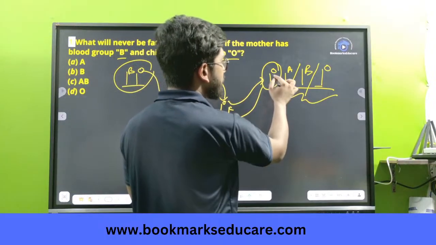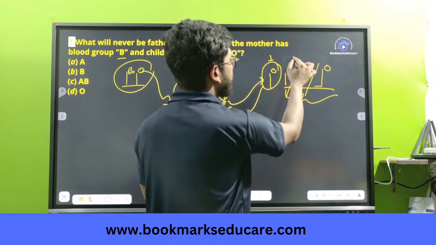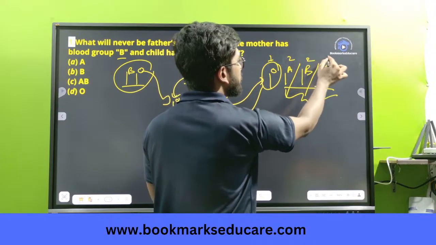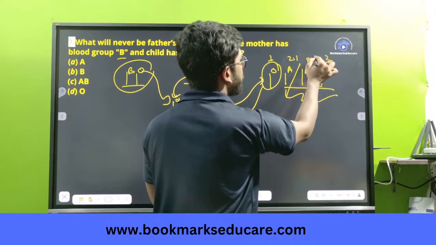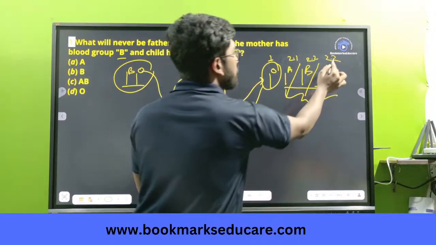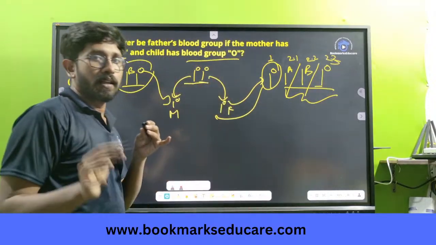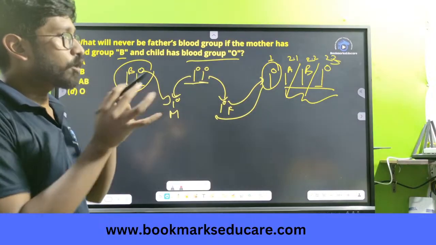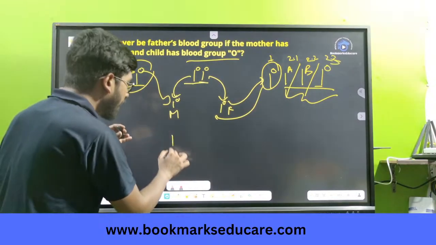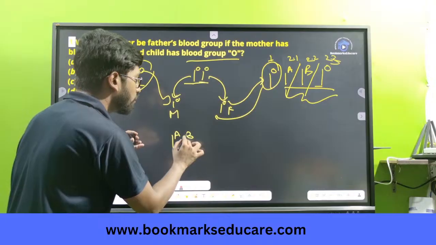So if he has one IO and another this or this or this, as a 2.1, 2.2 or 2.3, then the impossible phenotype of father's blood group will be IA, IB. Why?